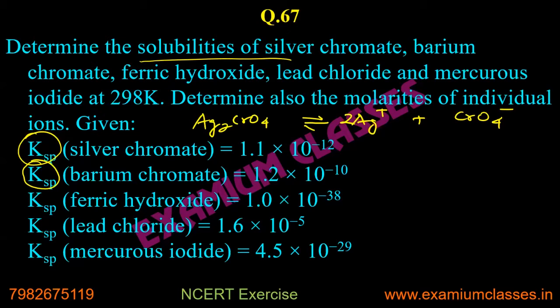So suppose the initial concentration was C, and 0, 0, and then C minus X, 2X, X. This X is here the solubility, because this X corresponds to silver chromate.